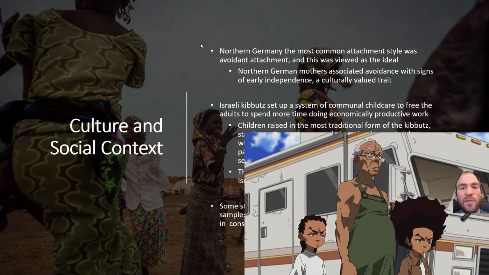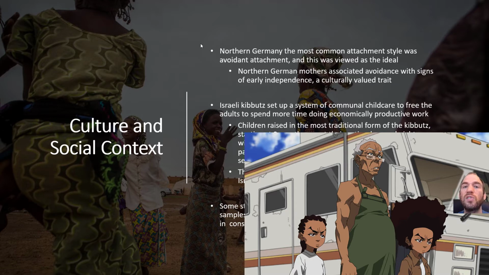Now, I do want to take a moment to talk about the different types of attachment outcomes across different cultures. So typically, secure attachment is thought to be the universal best attachment outcome in children, based on the previous definition, a bond and intimate relationship in which the individual welcomes close contact and uses the attachment object as a source of comfort and dislikes, but can manage separations.